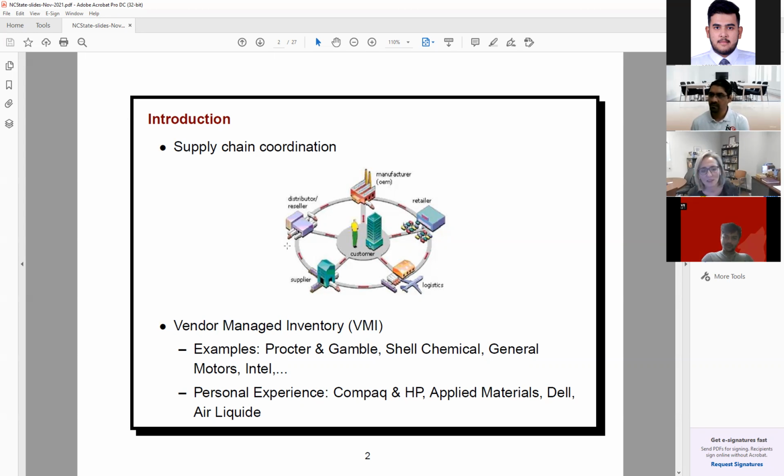These applications have been pioneered by Procter & Gamble back in the 90s, and then later Shell Chemical and many other big companies followed vendor-managed inventory practices, including General Motors and Intel.